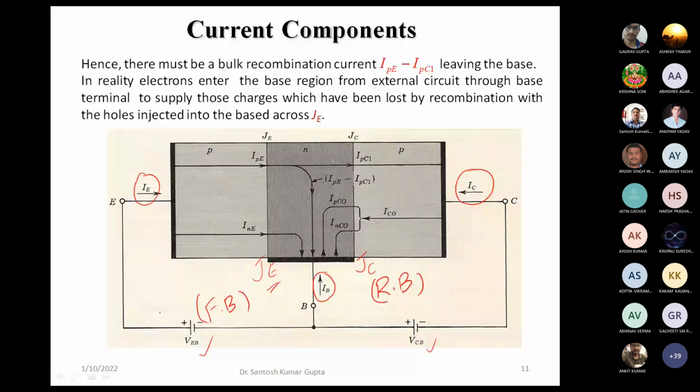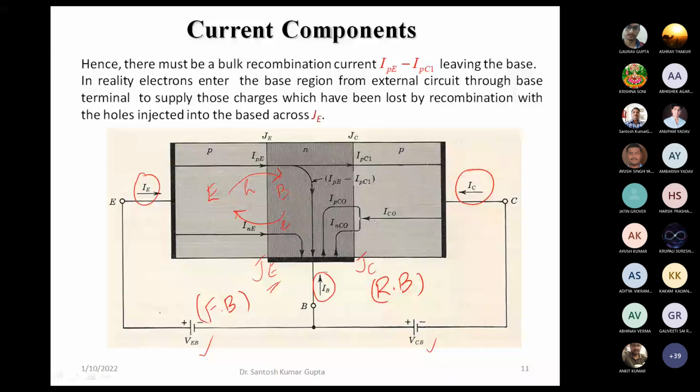At the emitter junction, carriers are being injected from the emitter into the base, that is holes here, and the carriers from the base are actually injected into this emitter. These are the electrons here for this case.